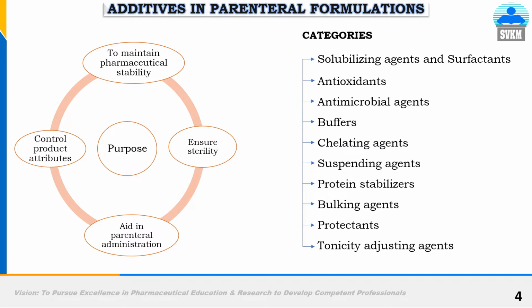There are different categories of excipients or additives that can be added within the parenteral formulations. These are solubilizing agents and surfactants, antioxidants, antimicrobial agents, buffers, chelating agents, suspending agents, protein stabilizers, bulking agents, protectants, and tonicity adjusting agents.